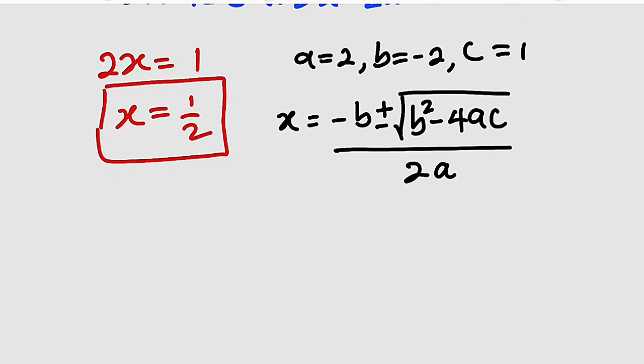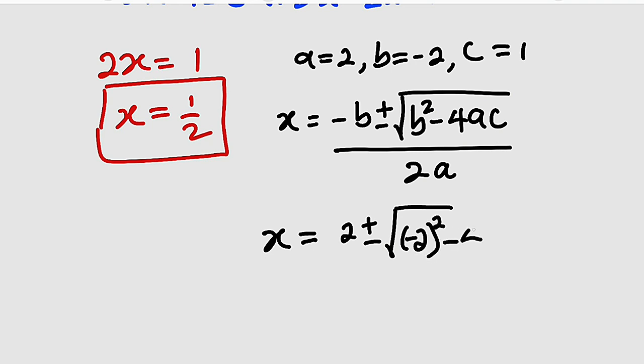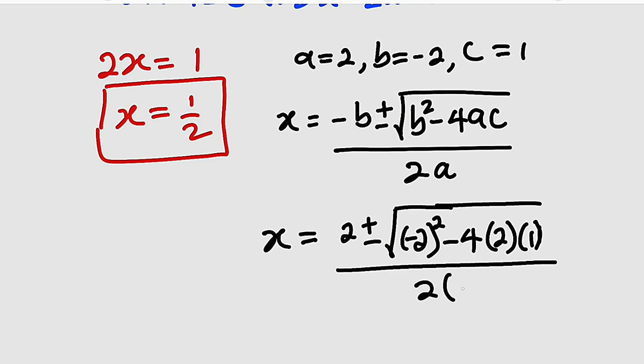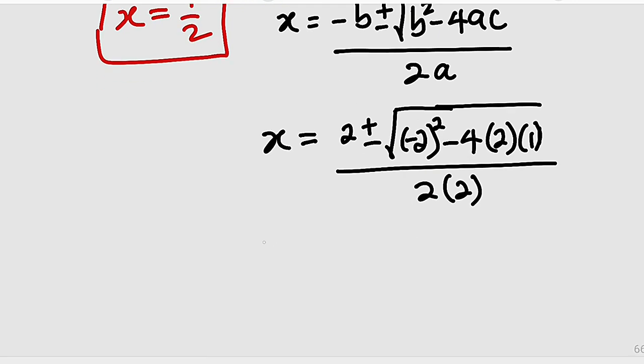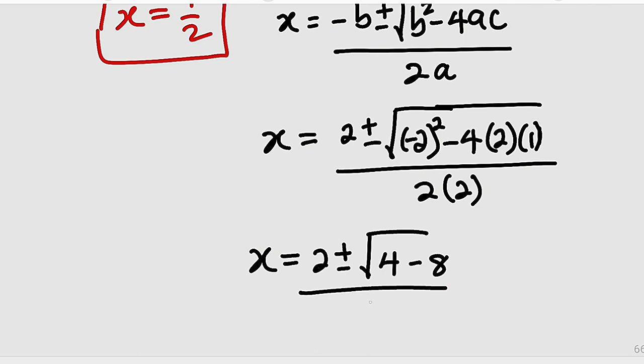Let us substitute our data. x is now equal to minus negative 2, which is plus 2, plus or minus the square root of negative 2 squared, that is b squared, minus 4 times a, which is 2, times c, which is 1, divided by 2 multiplied by a, which is 2. x is now equal to 2 plus or minus the square root of negative 2 squared, which is 4, minus 4 times 2 times 1, which is 8, divided by 2 times 2, which is 4.